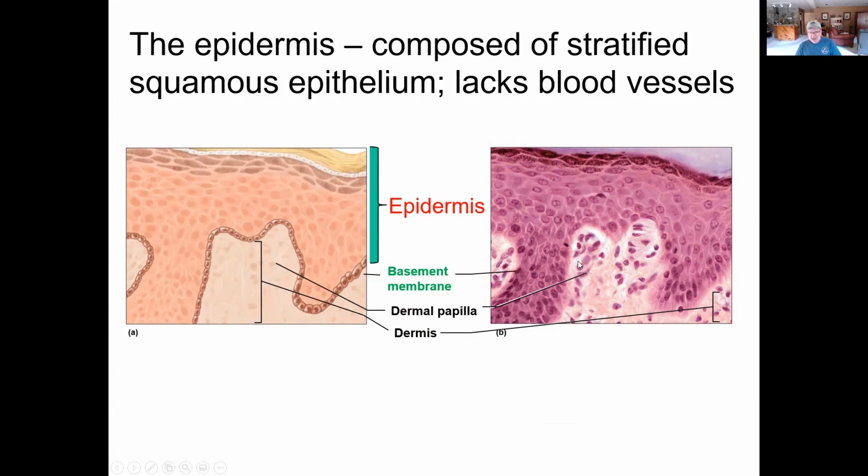In this histologic stained section, again, where I'm moving my pointer, this is defining the basement membrane. Everything above it in darker purple, all of this, and even up into the light purple. This is all epidermis, all stratified squamous.